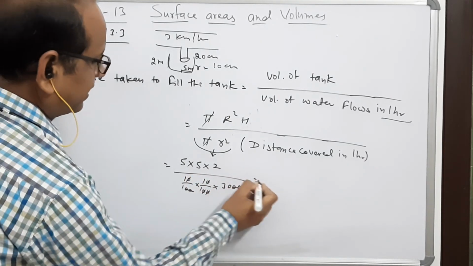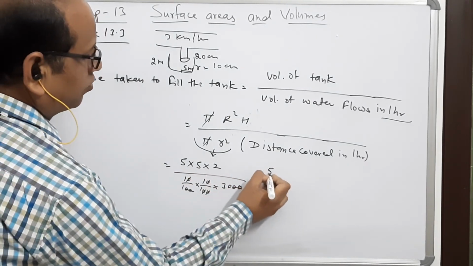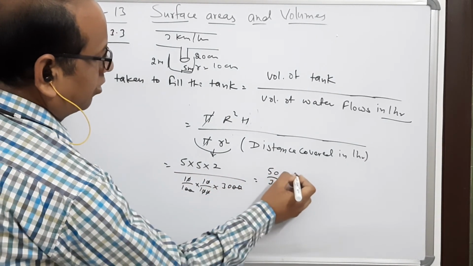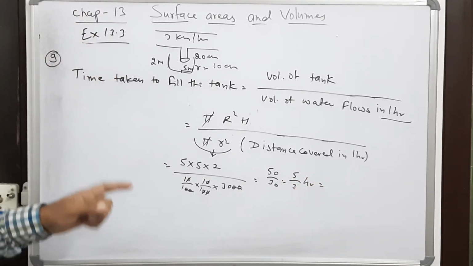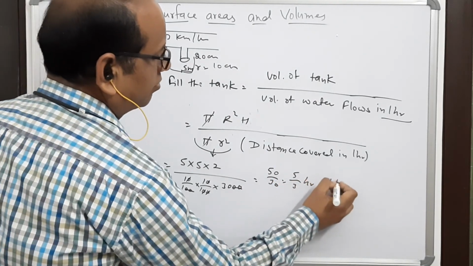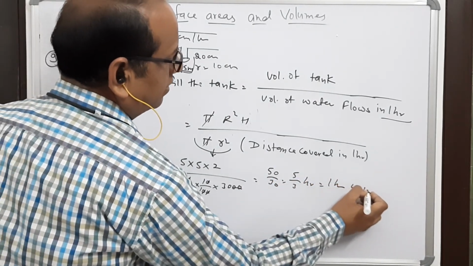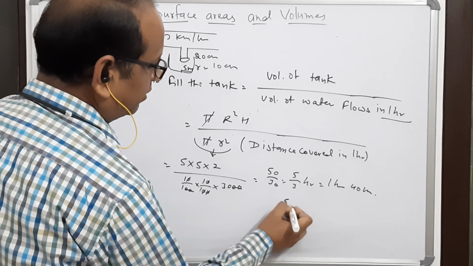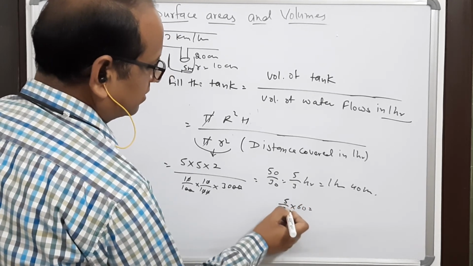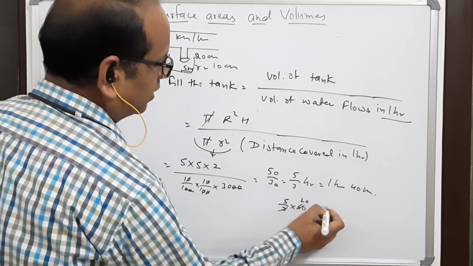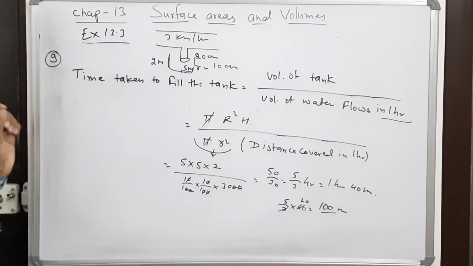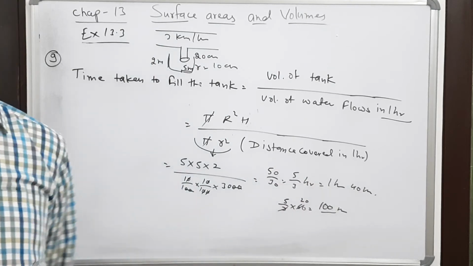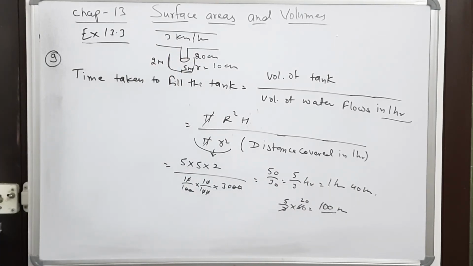So the answer is, please see, 50 upon 30 or 5 upon 3 hours, or it can be 1 hour and 40 minutes. 5 upon 3, if you multiply by 60, is 100 minutes. So 100 minutes can be written as 1 hour and 40 minutes. So in 1 hour and 40 minutes, this tank will be filled.